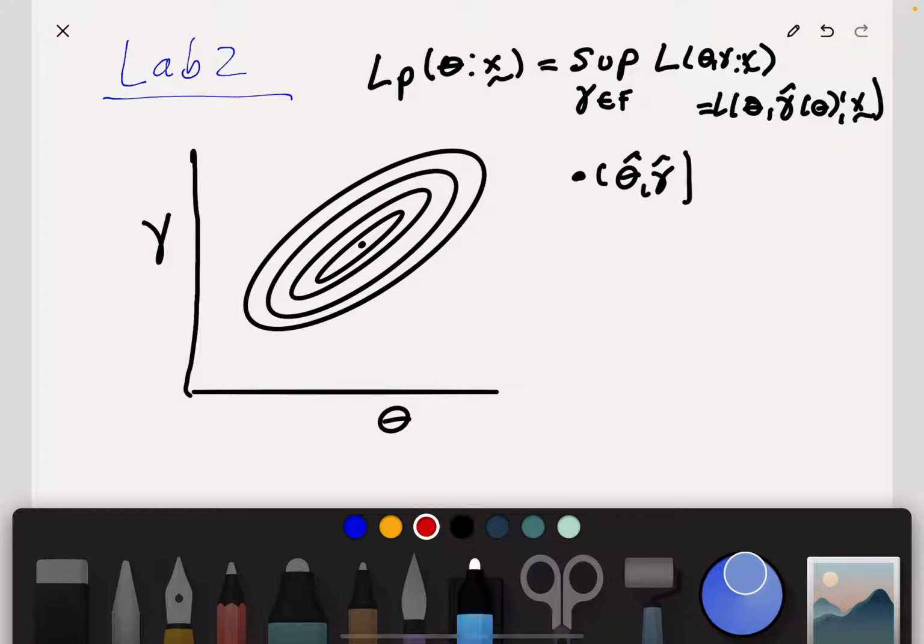So this is the two-dimensional likelihood. How do you maximize? Let's take a look at the formula. The formula says you have theta, and you want to take the best gamma at that theta. So let's do it for theta prime, and I want the best gamma at theta prime.